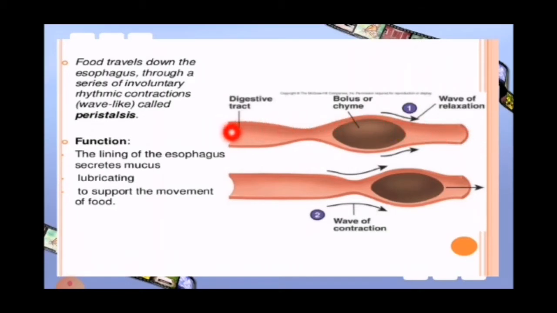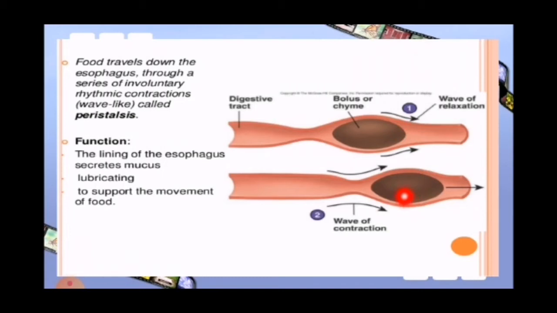When the muscles contract, they push that bolus forward. When this contracts, it moves forward, just like here. Then there is a wave of contraction and relaxation. Here is a contraction, it moves it there, and there is another contraction, it moves it there, just like that.